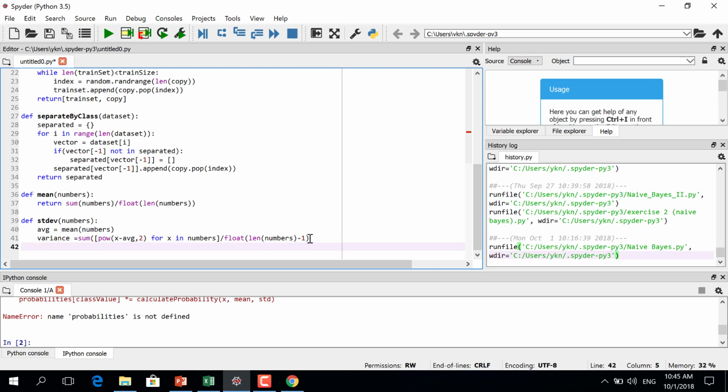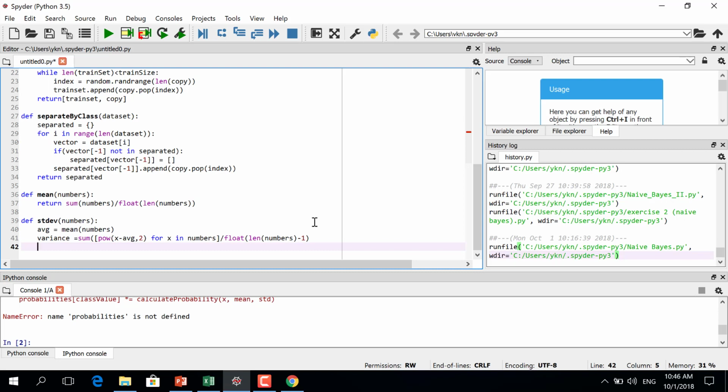It is n minus 1 because this is the standard deviation of groups, not the entire population. If it is divided by n, it is considered the standard deviation of the total population. For each group, we have to use minus 1 after the number of the data.